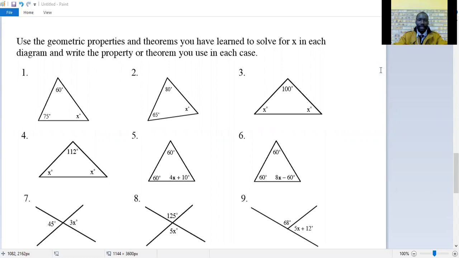We discussed that triangles can be described based on their angles as acute angled triangles, where all the angles inside are less than 90 degrees, or obtuse angled triangles, where one of the angles inside is more than 90 degrees, and the third one being a right angled triangle, where one of the angles is 90 degrees.